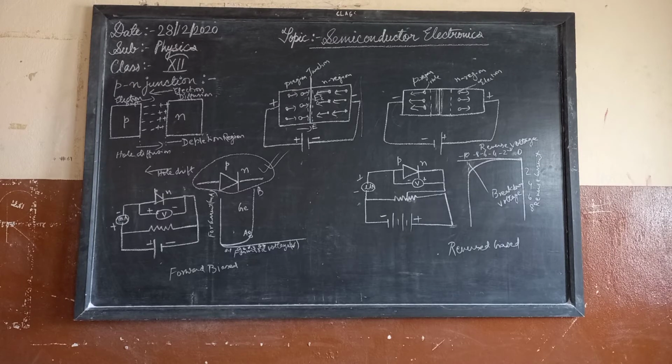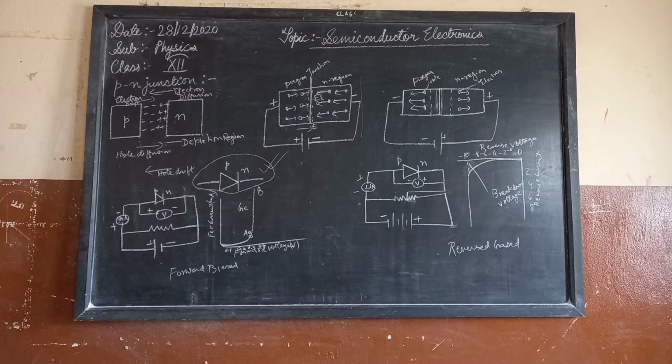Now this type of junction forms in this particular area. The P type will acquire a negative charge, and the N type will acquire a positive charge. So thus the negative charge and positive charge have been acquired in the P and N type semiconductors.